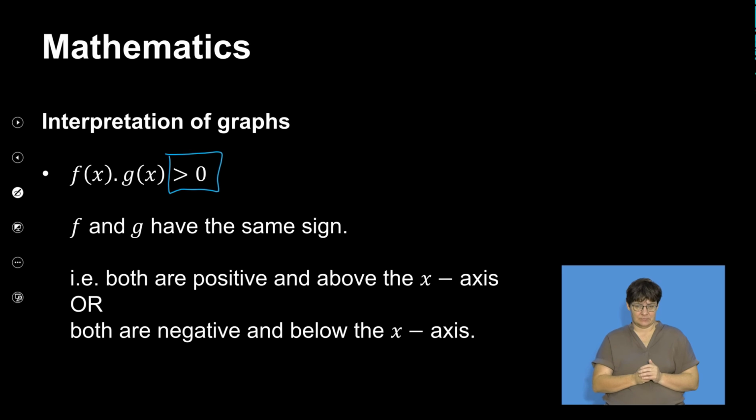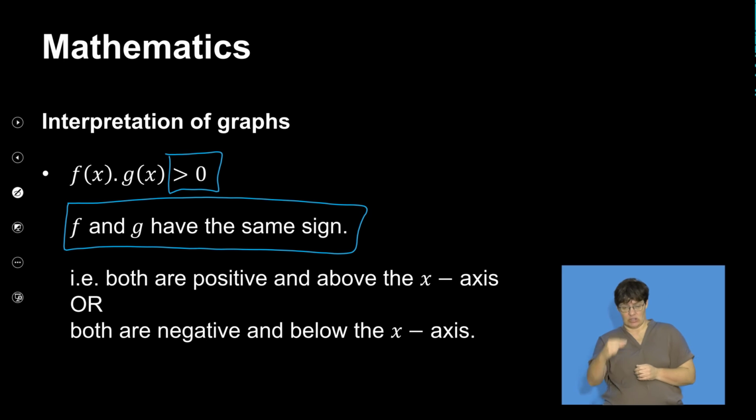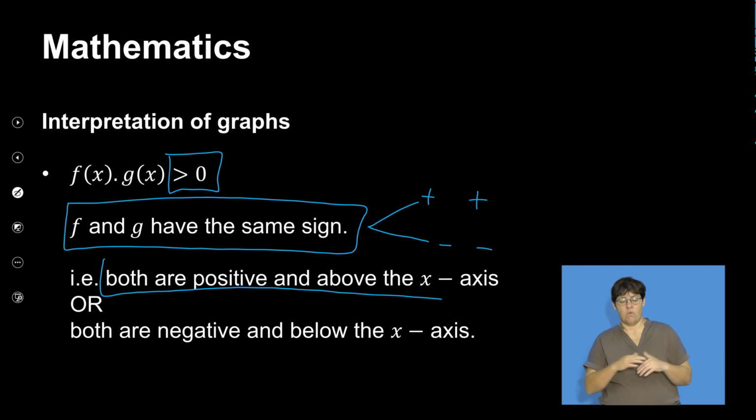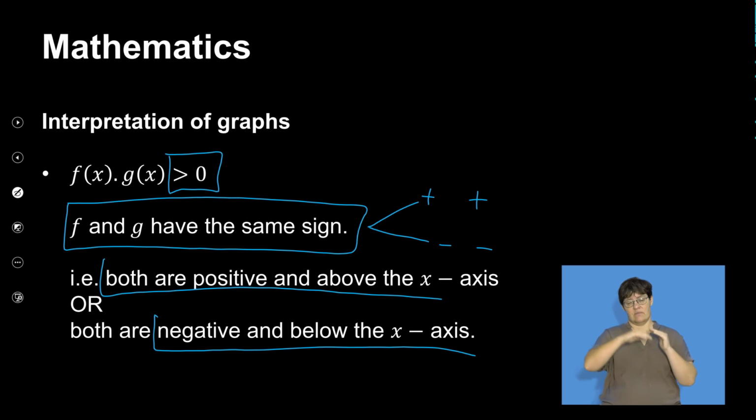Now, in simple terms, this means that f and g must have the same sign. I did say it's either they are both positive, which will be above, or they are both negative, which will be both below. So they are both positive and above, or they are both negative and below, as you can see there.